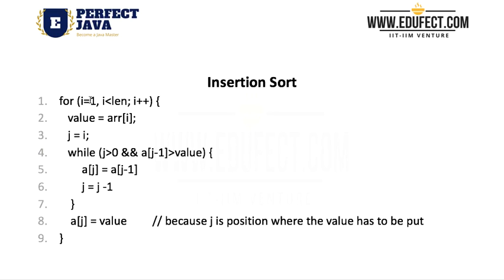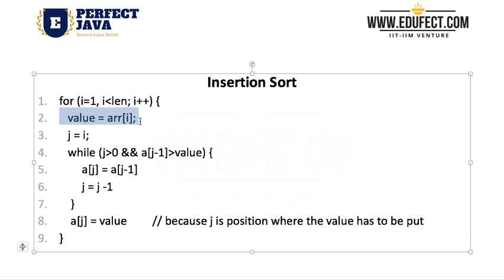So for i equal to 1, i less than len, that is what we did. We picked up the value we need to insert, which is arr[i], or let's call it a[i] if the array is known as a. So we have picked up this value which we need to insert, and we are starting from j equal to i, and we are checking whether a[j-1] is greater than value or not.